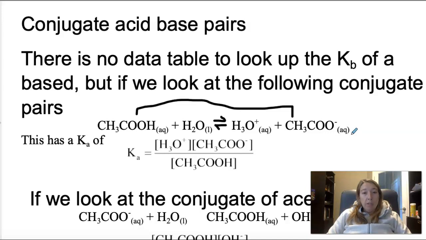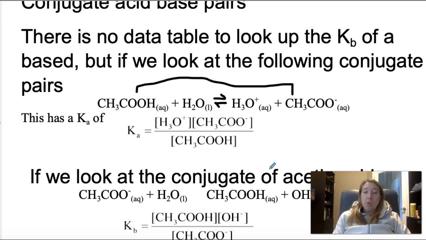So in this particular case, because we started with acetic acid and we produced hydronium, we would be writing a Ka for this, right? We used an acid. And if I look at the two conjugate pairs, I know that this is the acid form because it has the extra H, and I know this is the base form because it's missing the H, okay? So if I were to write the Ka for this, I would have the hydronium times that acetate ion divided by the acetic acid, no water going into the equation.